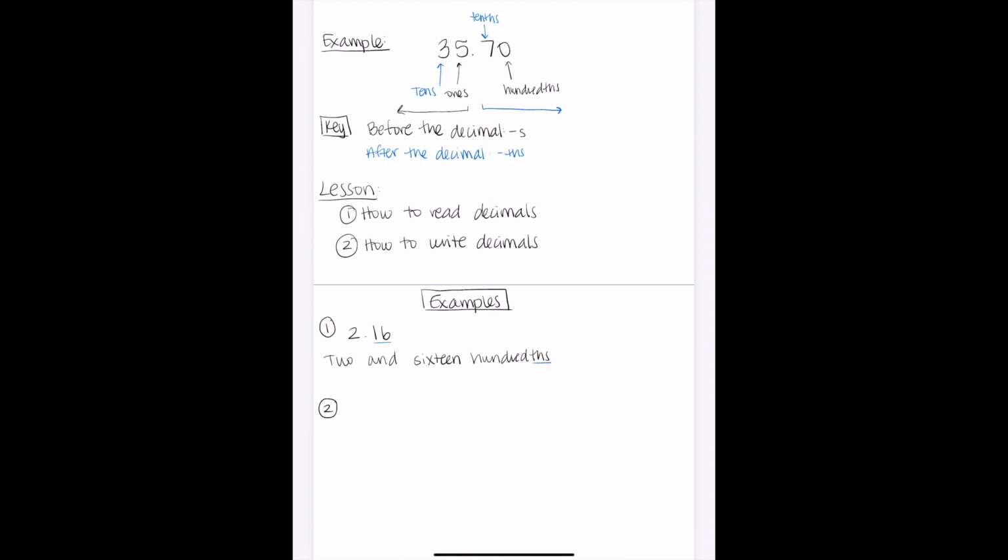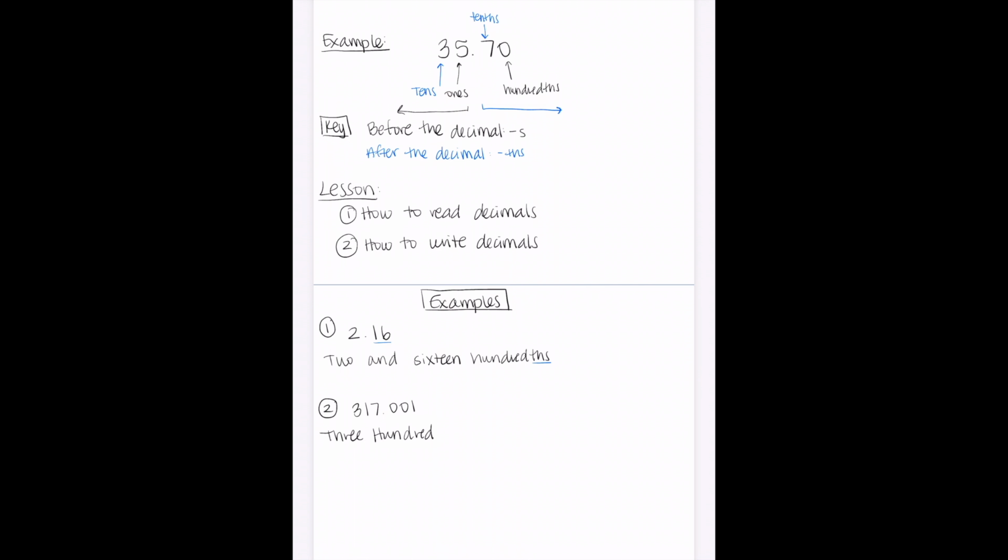Let's do some more. For number 2, we have 317.001. So before the decimal point, we have that 317. We can see that one pretty easily.